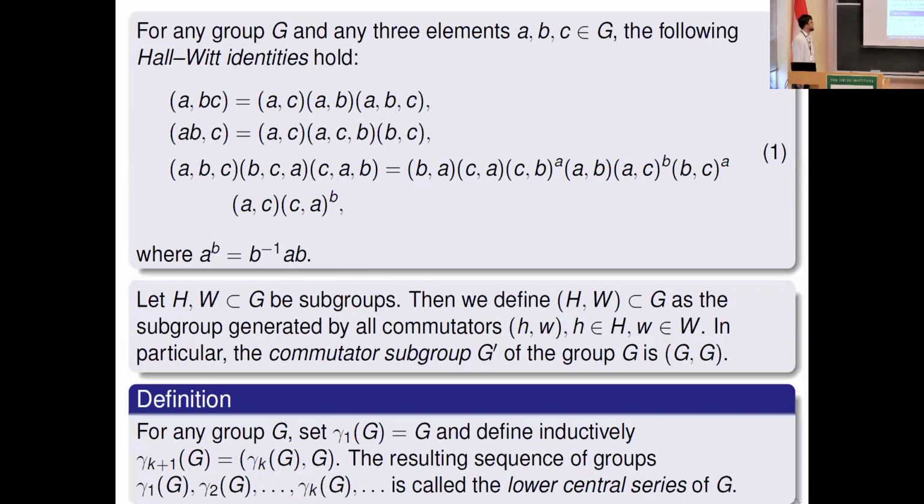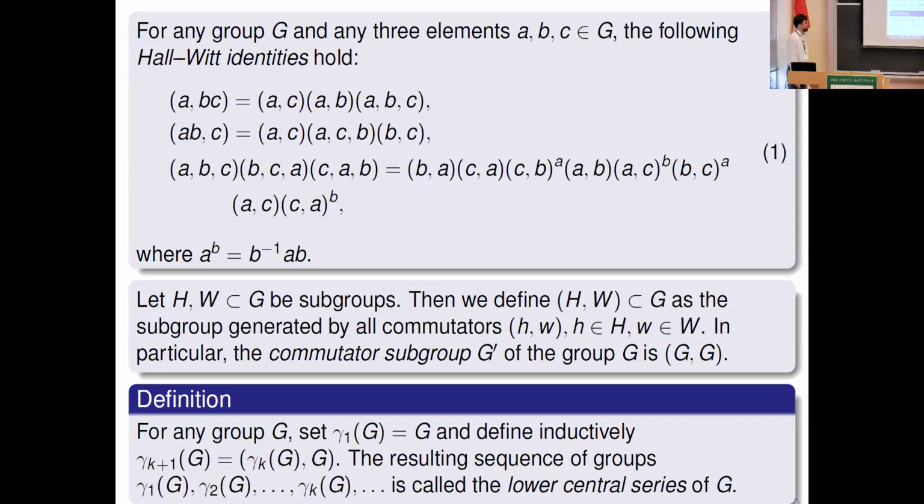Let H and K be subgroups of G. Then we define the bracket of H and K as the subgroup of G generated by all commutators like this. In particular, the commutator subgroup G' of the group G is the bracket of G with G.